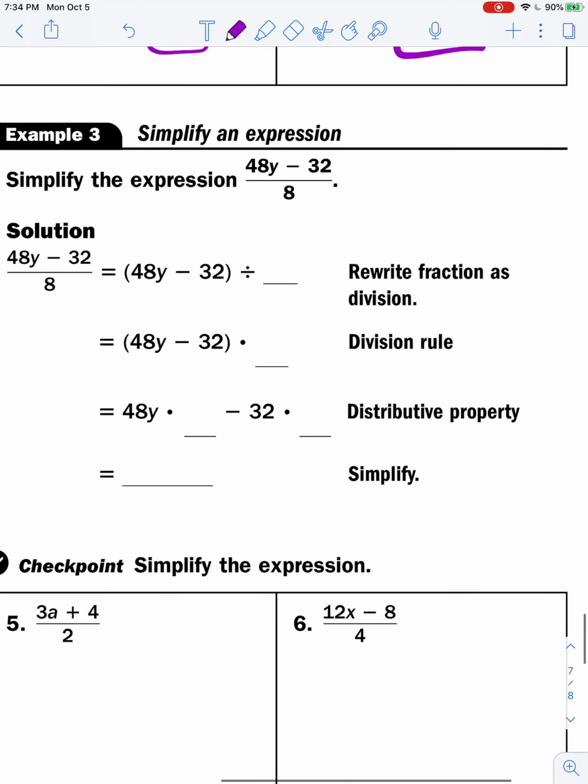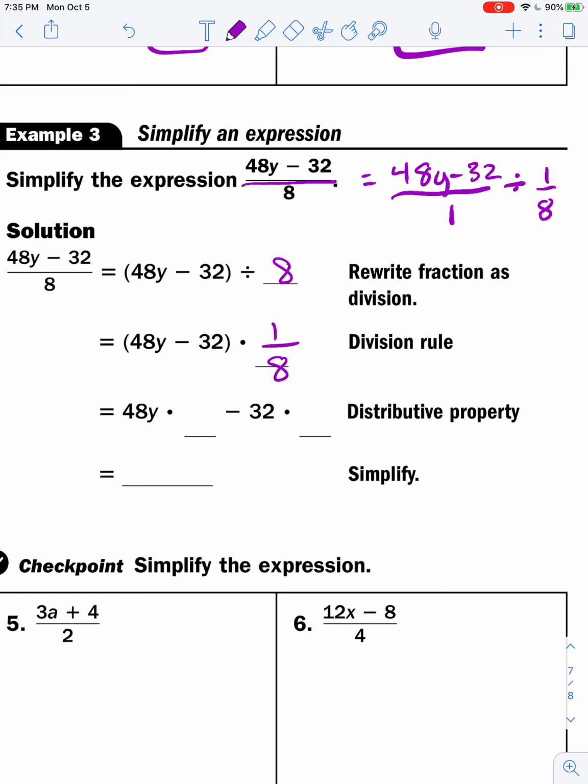All right, so these look a little fancy and really complicated, but what you can do in this situation is say this is the same as the top part, like what we've been doing, over 1 times 1 over 8, if you want to think about it like that, divided by 1 over 8, because this fraction bar means divided by. And so here, if I'm doing this divided by 8, I could multiply by 1 over 8.